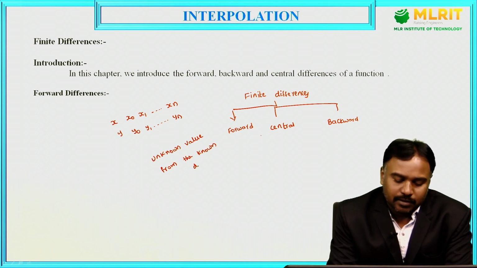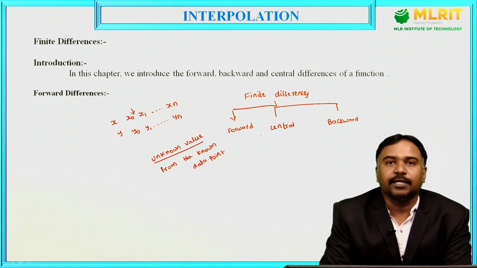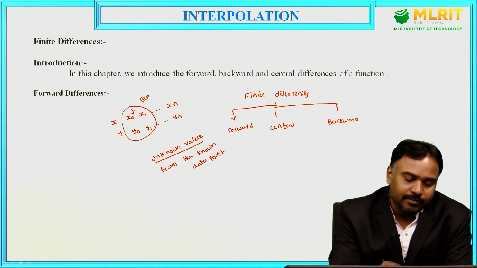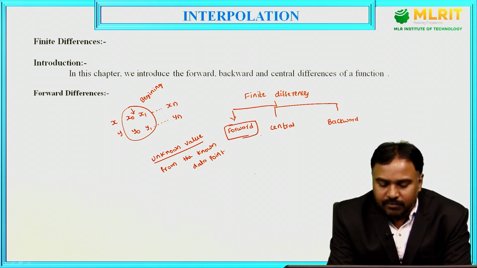the known data points. If the unknown value is located around the beginning of the table, we use the forward differences concept, with that respective table and formula. If it is located around the middle of the table, we use the central differences concept.